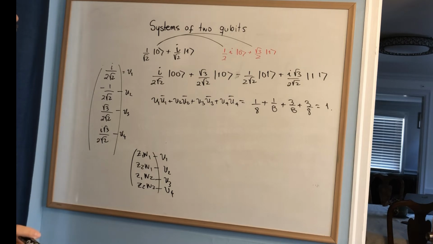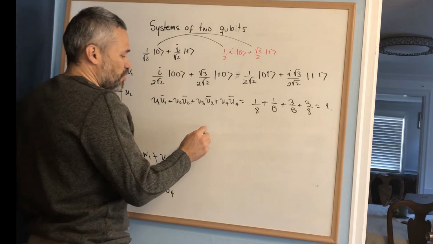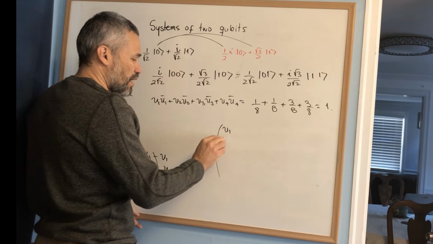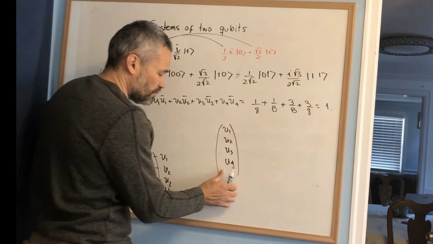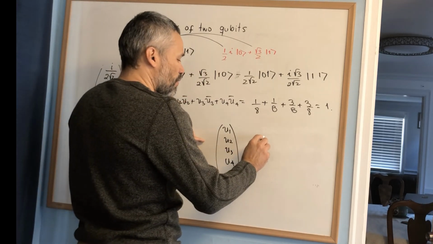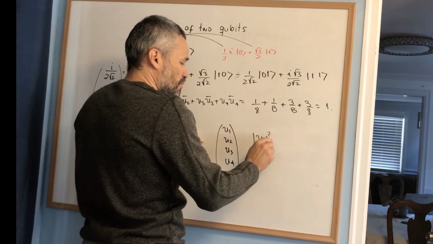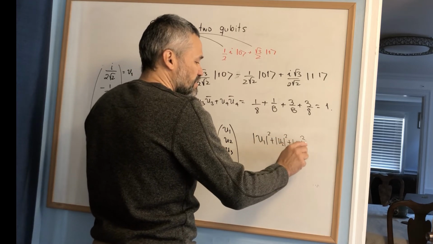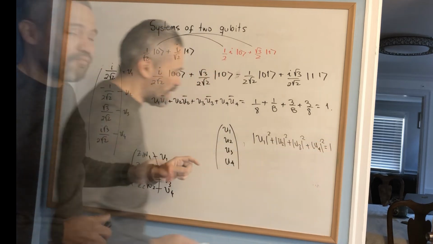Then we may wonder, okay, can we reach every possible vector that looks like this, U1, U2, U3, and U4, with the property that the norm of U1 squared, plus the norm of U2 squared, plus the norm of U3 squared, plus the norm of U4 squared, equals 1?